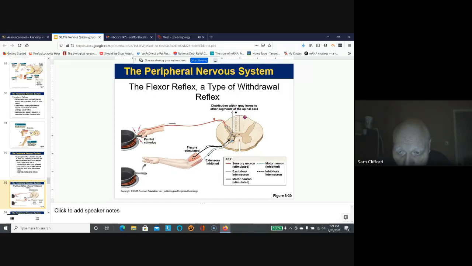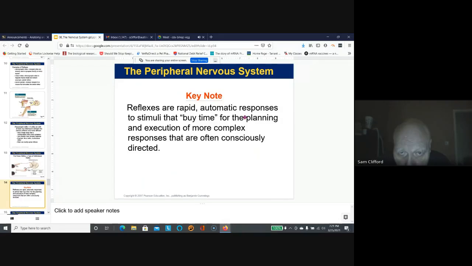So you will be aware of this. Reflexes are rapid, they buy time for planning, and more complex responses that are often more complex in their response.